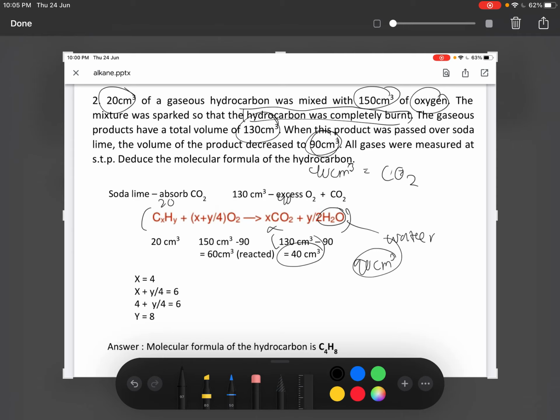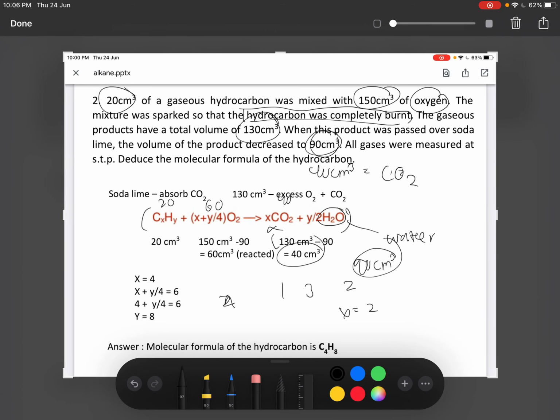At first, it's only oxygen, but after that, it is oxygen and carbon dioxide, and this 90 is only oxygen. So 60 cm cube is reacted. So now we have ratio 2, 6, and 4, which is basically 1, 3, and 2.